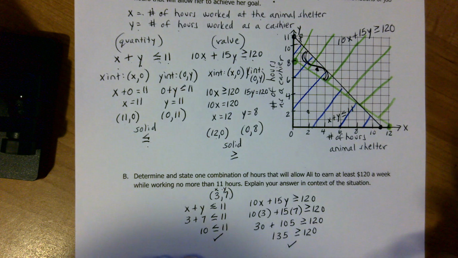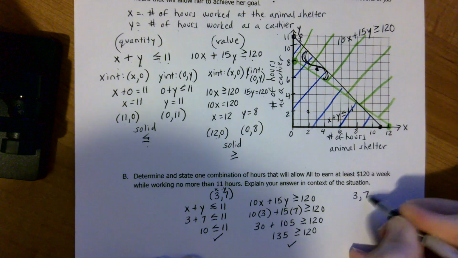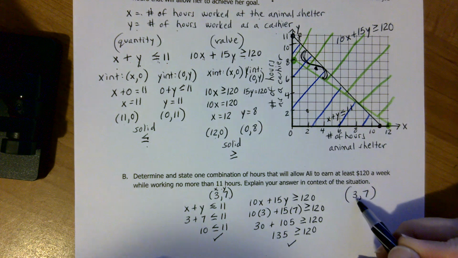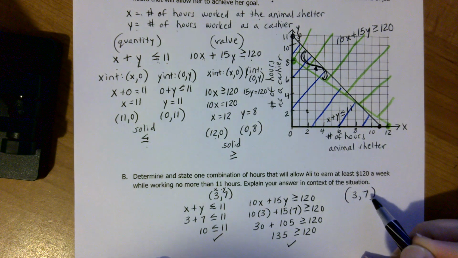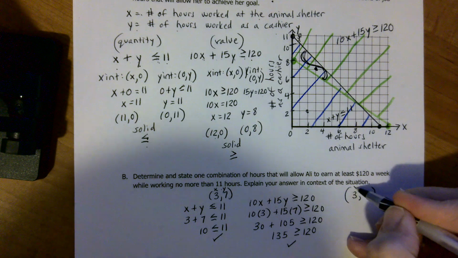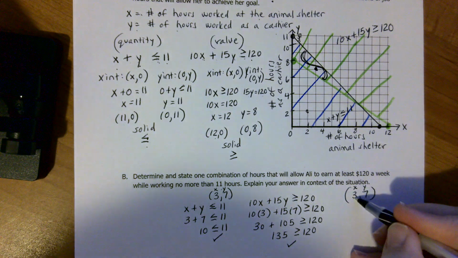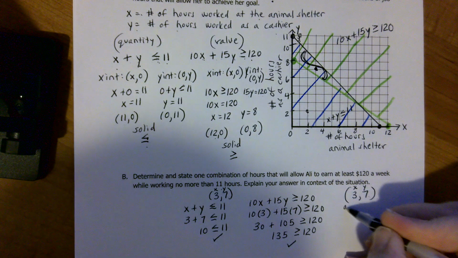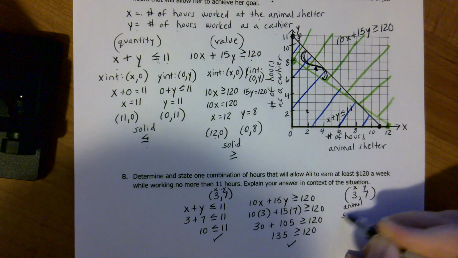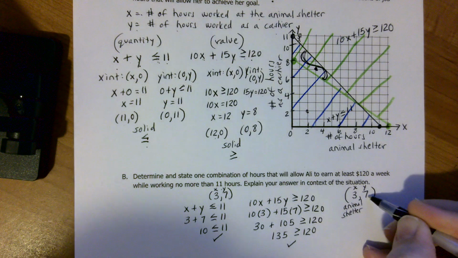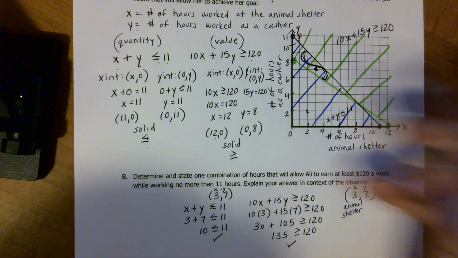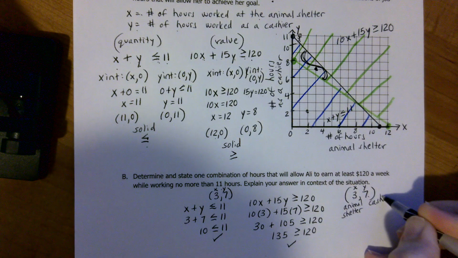Well, what does that mean in context of the situation? So sometimes it's helpful to write down the label for each of these values. This is my x, this is my y. So x is the hours at the animal shelter, and our y value is the number of hours as a cashier.